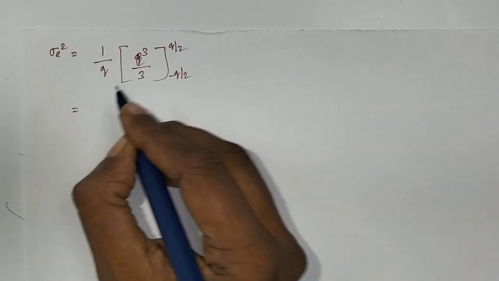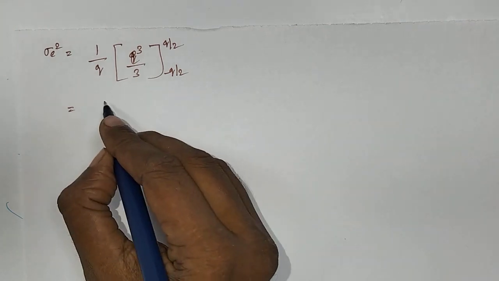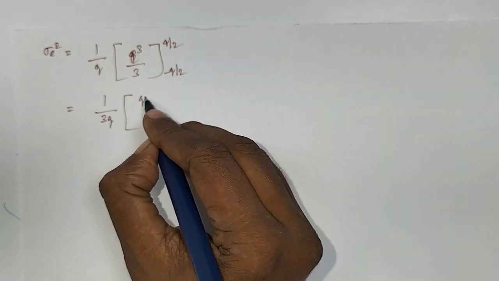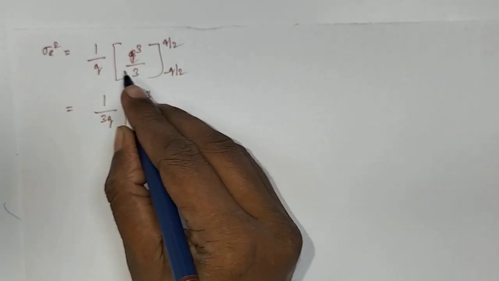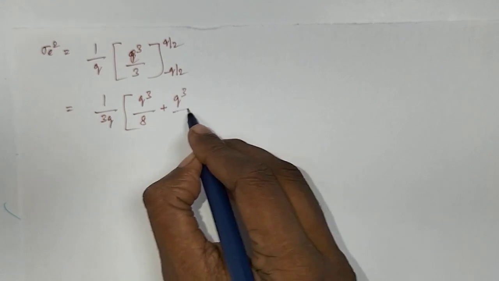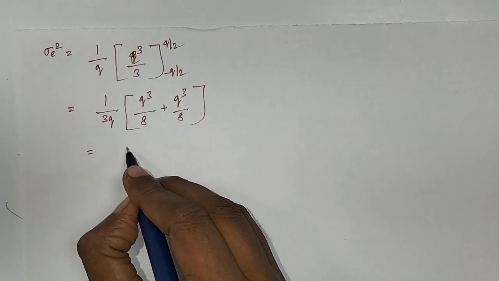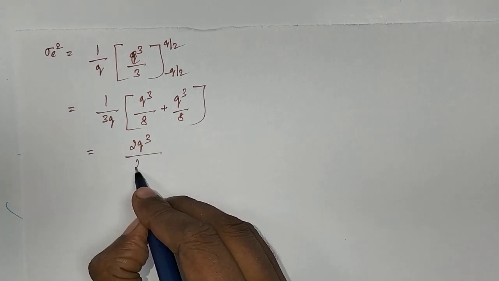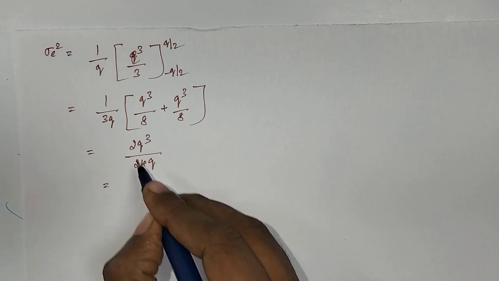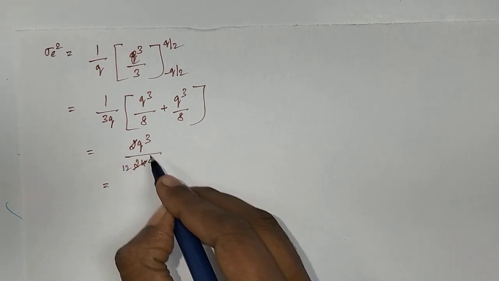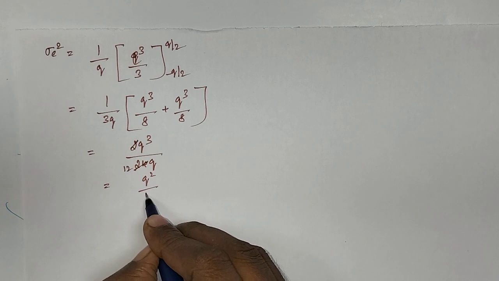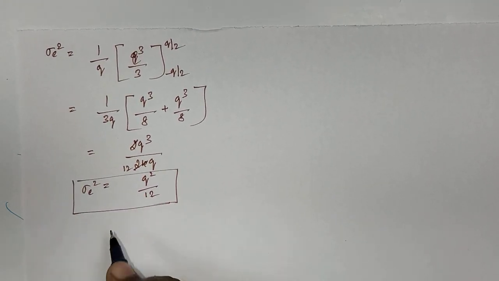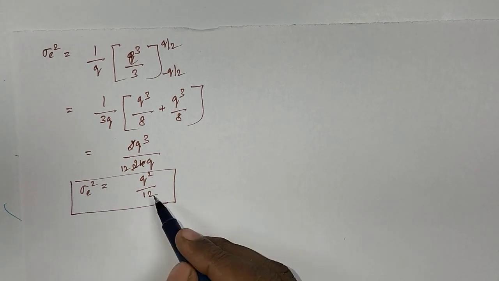Applying the upper and lower limits and taking 3q common outside, we get q cube by 8 plus q cube by 8, which is 2q cube by 24 into q, equal to q square divided by 12. So the quantization noise is equal to q square by 12.